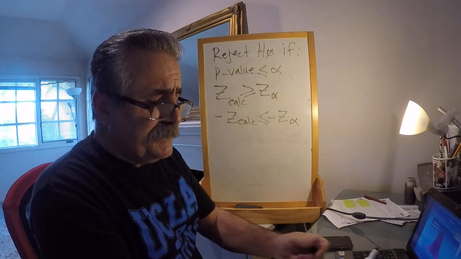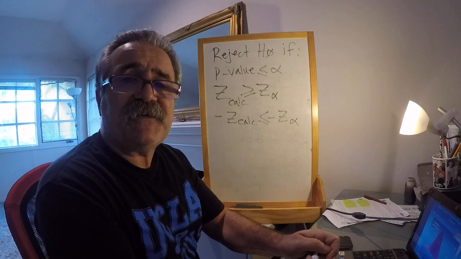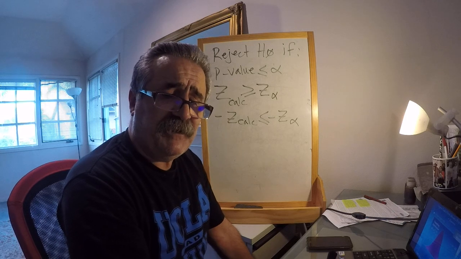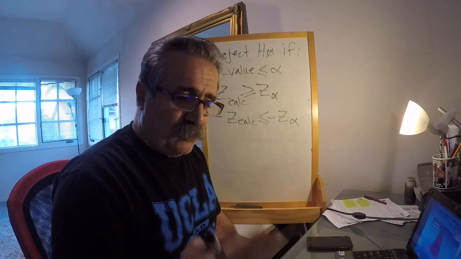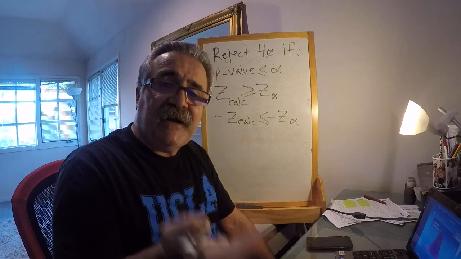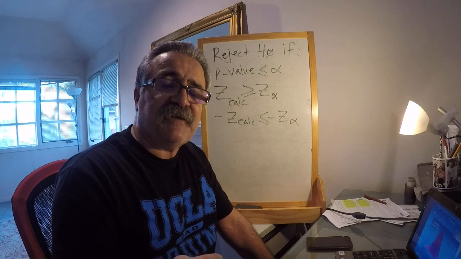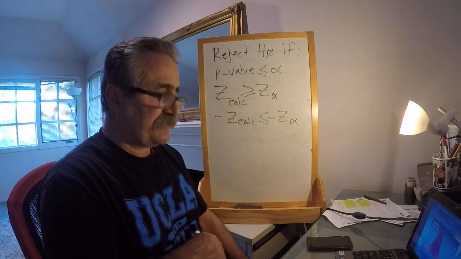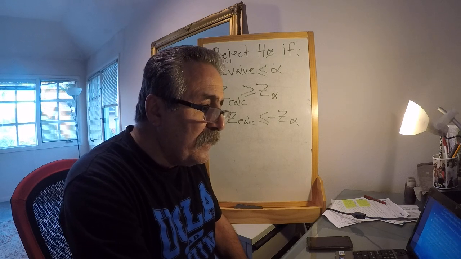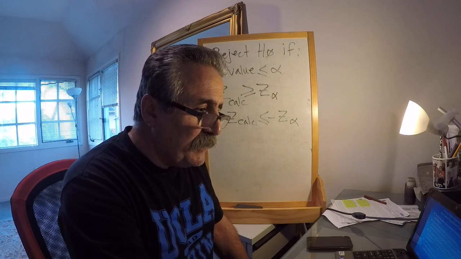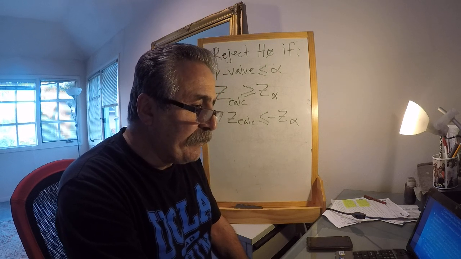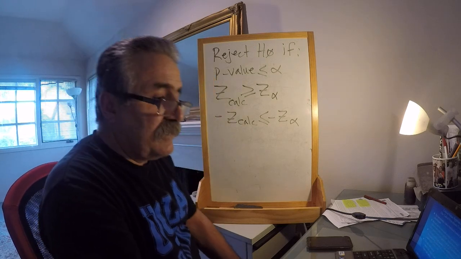Sometimes they tell you for 85% confidence level, that means your alpha is equal to 0.15, or for 95% confidence level, that means your alpha is equal to 0.05. On slide number 18, they have these rules listed.